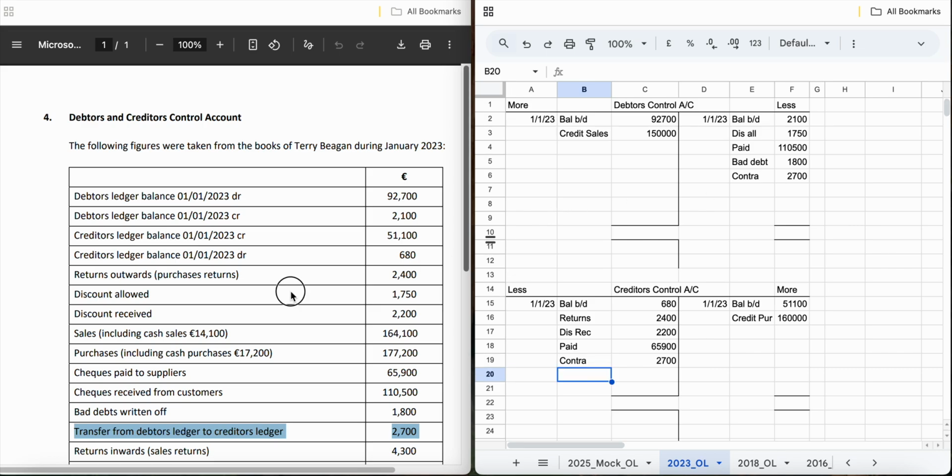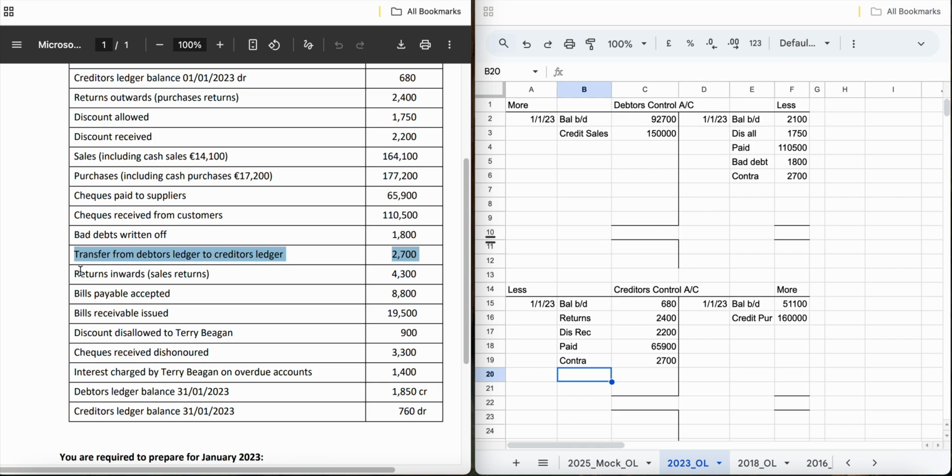Okay, next few, returns inwards. So sales return. Sales always goes with debtors. If they return stuff, they owe you less, 4,300. Sales returns. Okay, bills payable accepted.